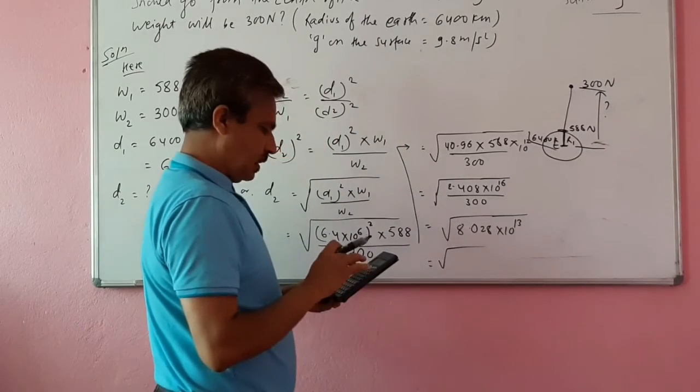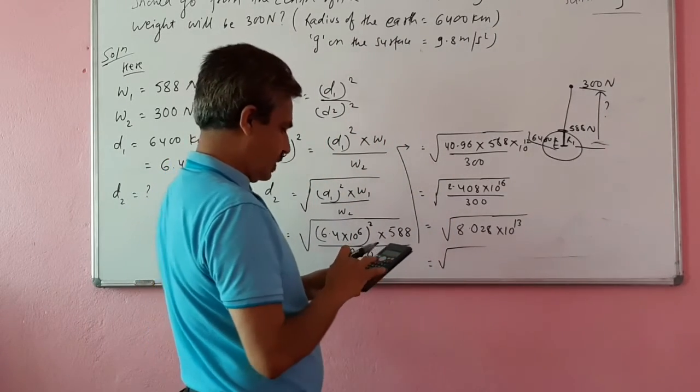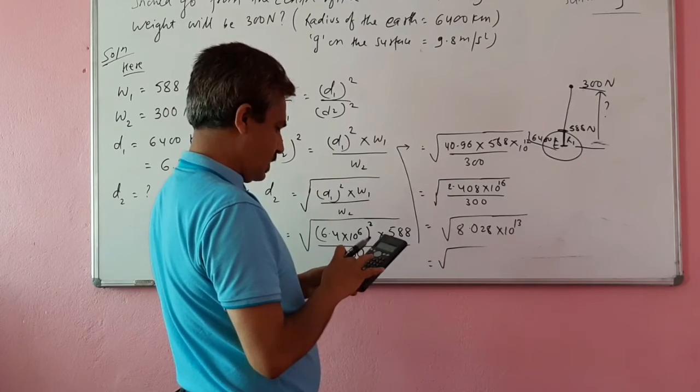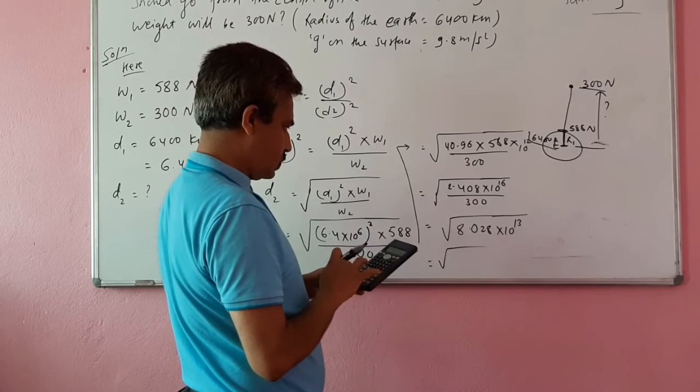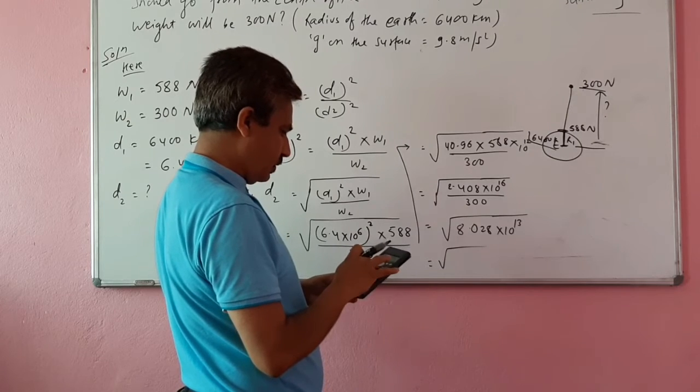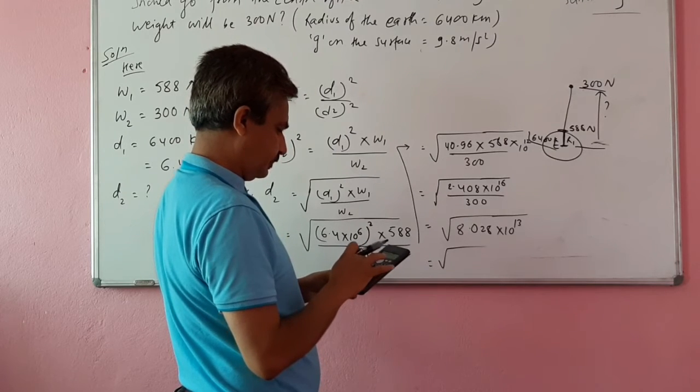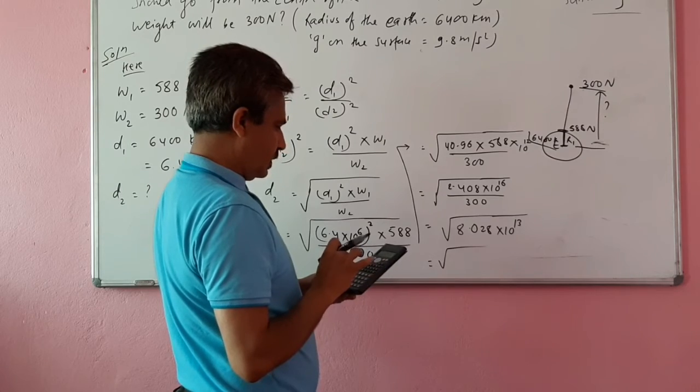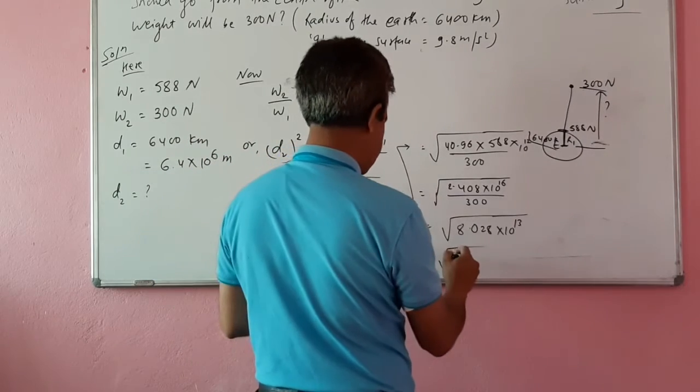Now square root sign, bracket, 8.028 multiplied by 10 to the power 13. How much did it come?